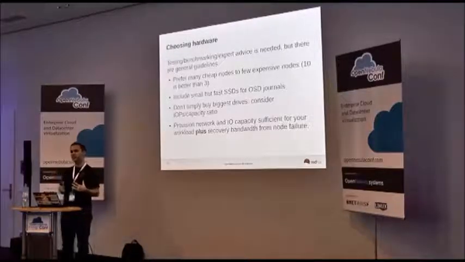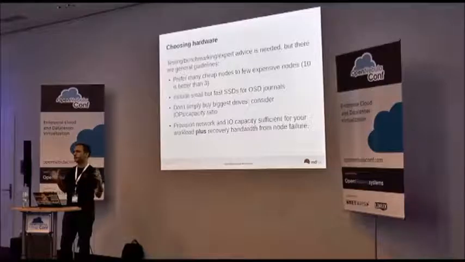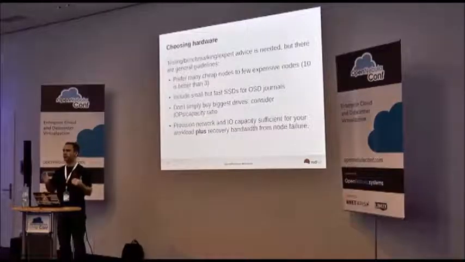Because of the way RADOS works, it's much better to have a large number of light nodes than it is to have a small number of heavy nodes. And that's because if you, for example, only have 3 big storage servers, if one of them fails, what RADOS is going to do is try and re-replicate and recopy that data to the other 2 servers.